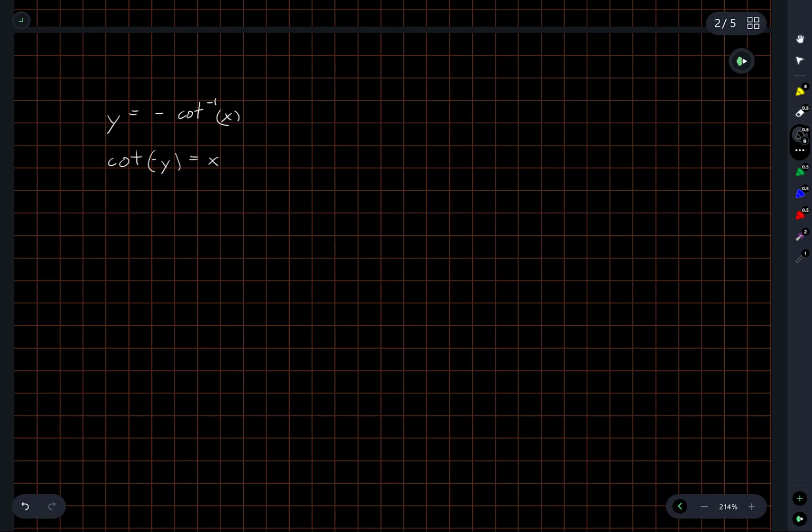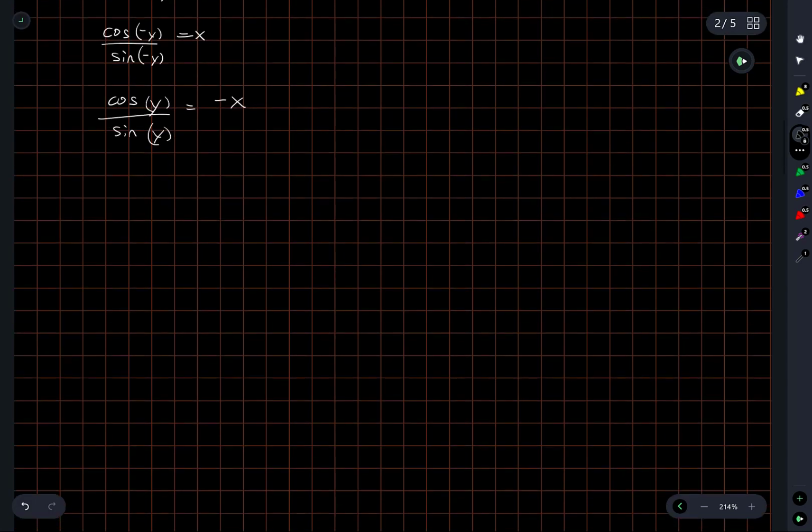Now I take a derivative implicitly, just using some even and odd rules for these trig functions.